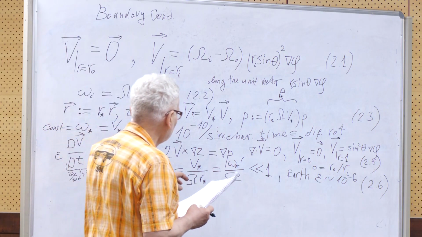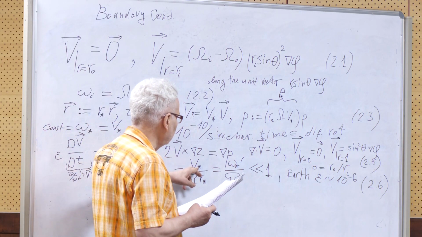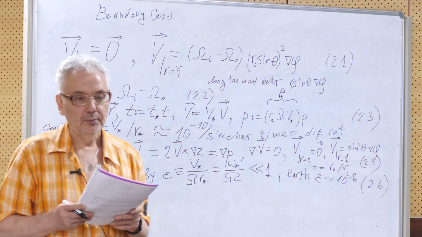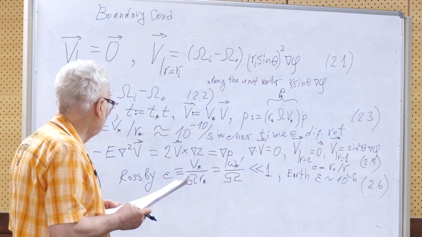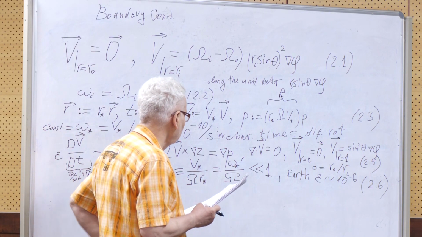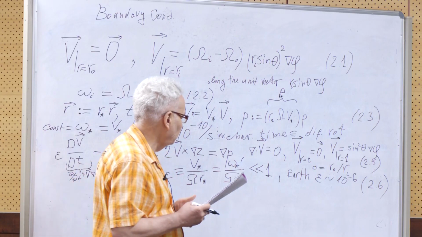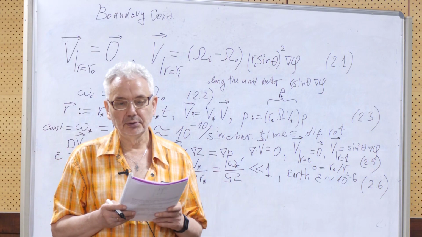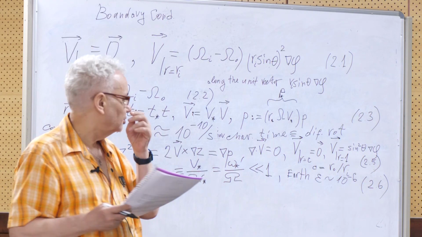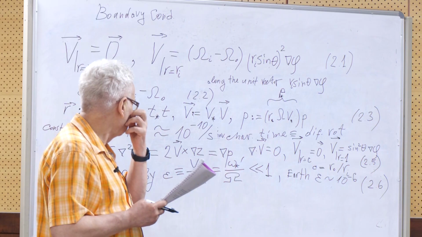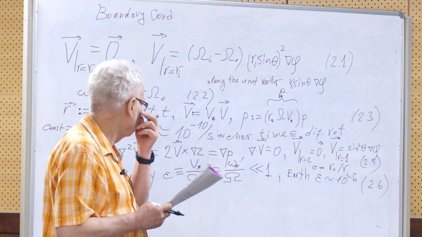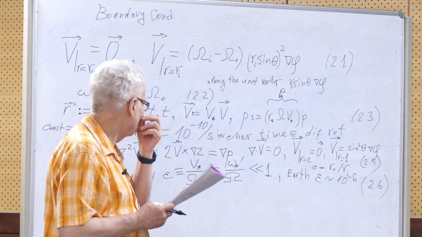As I already told you, in our case the relative velocity is just 10 to the minus 4 meters per second, while the real rotation rate is about some 100 kilometers per second. Oh, no, not exactly 100 kilometers, I forget. So it's, okay, 10 to the minus 6 times 6.